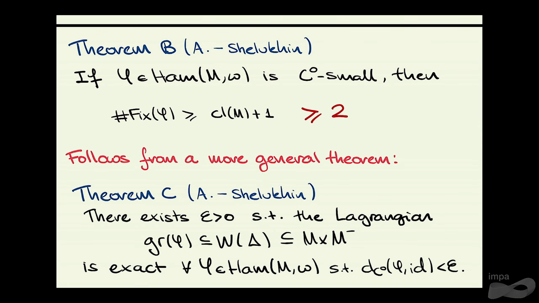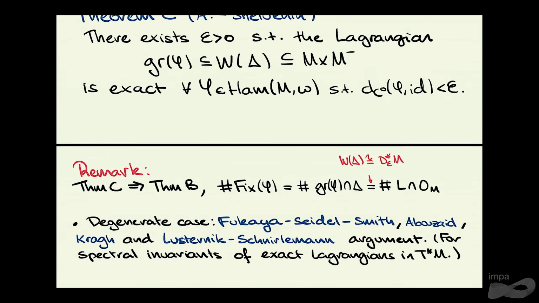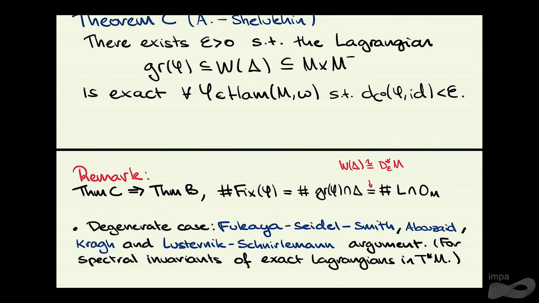And then theorem B becomes a question about intersections of exact Lagrangians with the 0 section. And this is what I remark here. How do you get from theorem C to theorem B? The number of fixed points of phi is just equal to the intersections of the graph of phi with the diagonal.